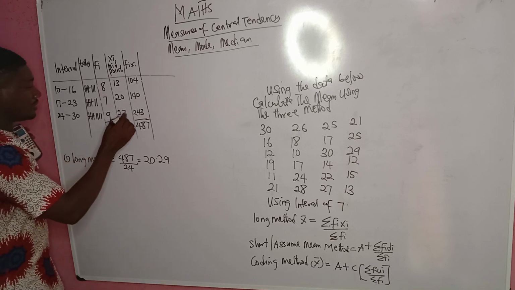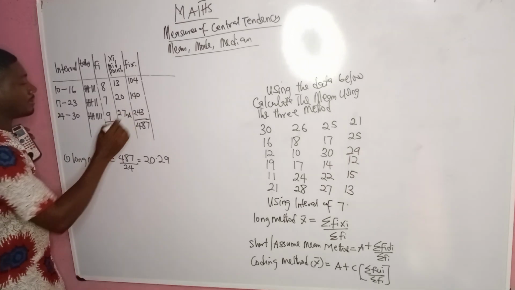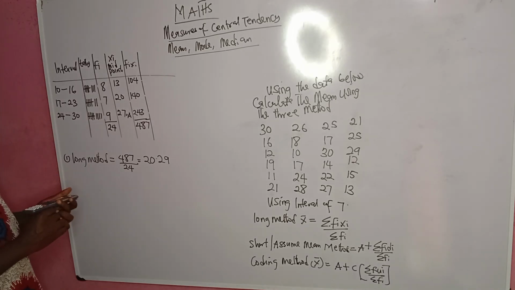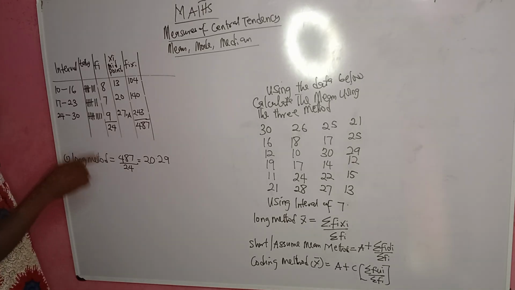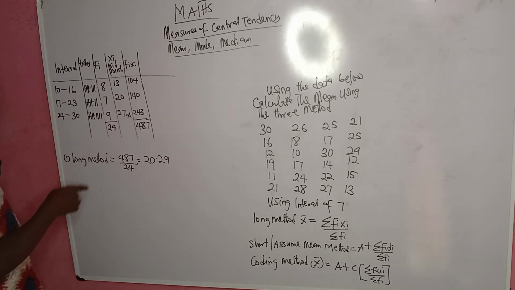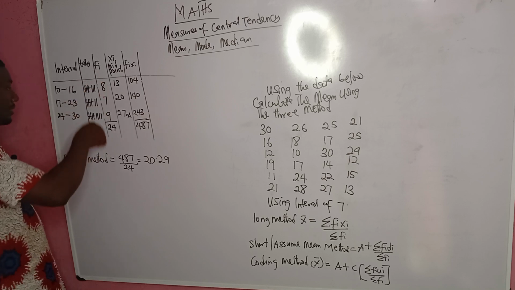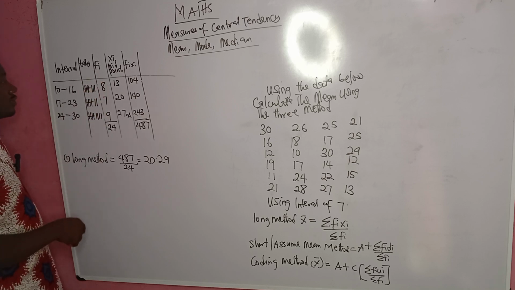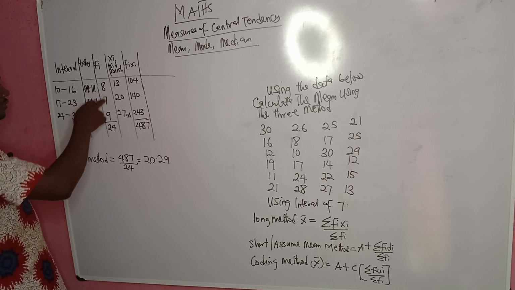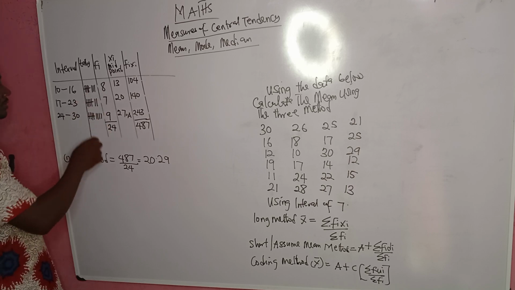So our assumed mean is 27. Let me take it again. How to know your assumed mean when it is not given to you is, go to your frequency, get the highest number in the frequency line, which is 9.